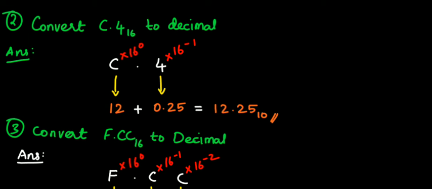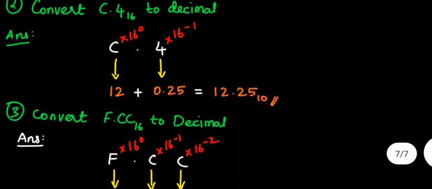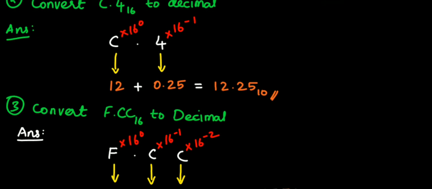So the position value of C is 16 power 0. The position value of 4 is 16 power minus 1. Just do this multiplication. What will you be getting? 12 plus 0.25, so 12.25 to the base 10. This is the decimal number and this is the answer.